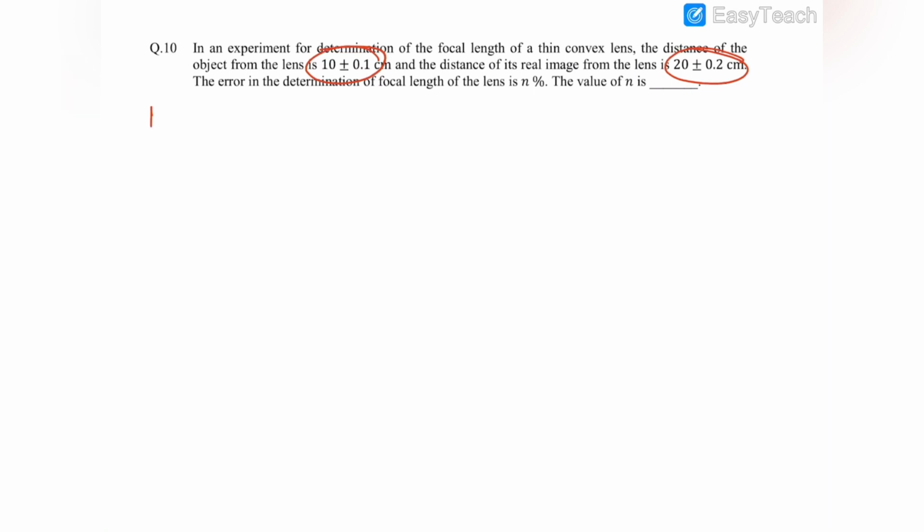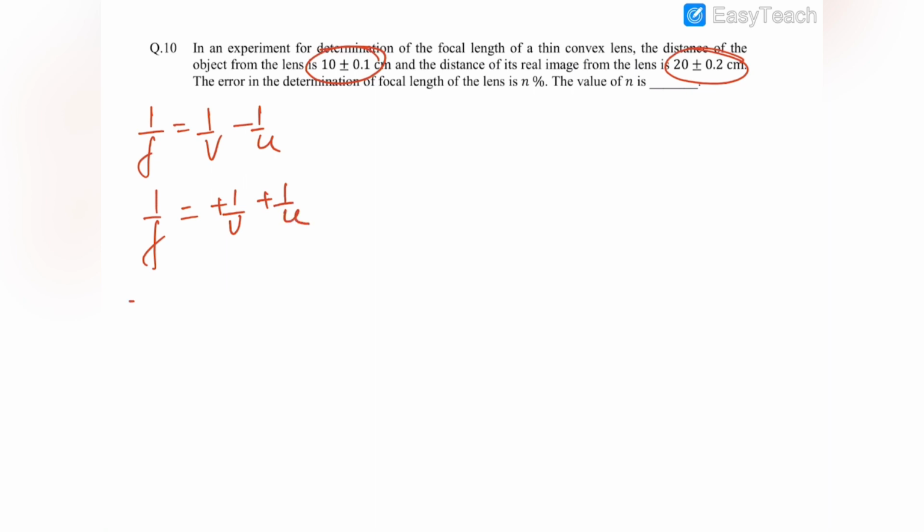So we know that 1 upon f is equal to 1 upon v minus 1 upon u is the lens formula, and in this formula, if we substitute the sign conventions, then 1 upon f would be equal to 1 upon v, which is a real image, so v would be positive, so this is plus 1 upon v, and the object is also real, so u would be negative, so plus 1 upon u.